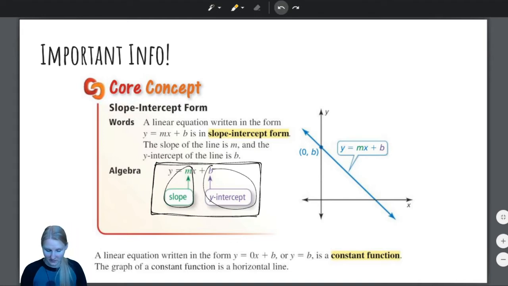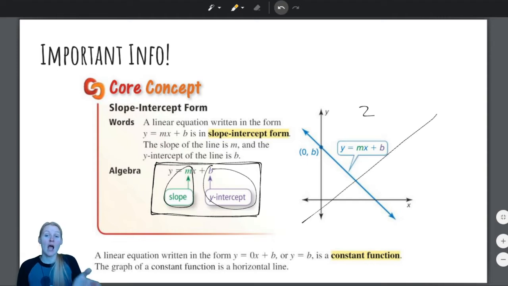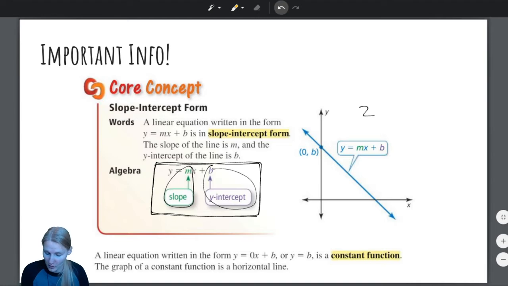So if m is negative, right, if m is a negative number, then our line is going to fall from left to right. And if our slope is a positive number, the graph will rise from left to right. And whatever b is, that's where we cross the y-axis, because that's what a y-intercept is.